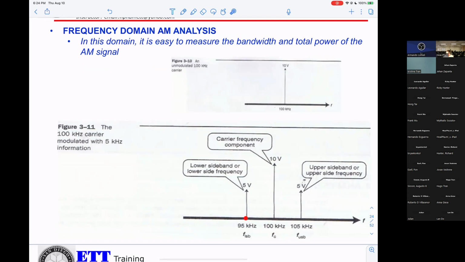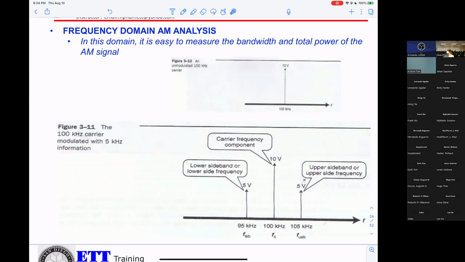That means this is lower. Okay. That means 95 kilohertz. Your voice here will be 5 kilohertz. And this will be upper. Okay. Upper sideband or upper side frequency. And the other side will be lower sideband or lower side frequency.